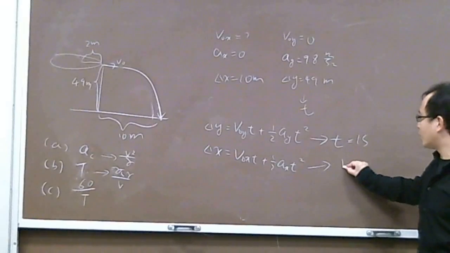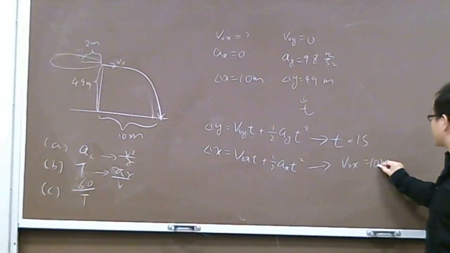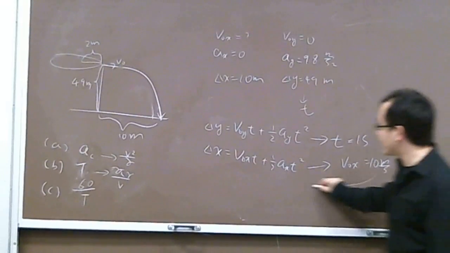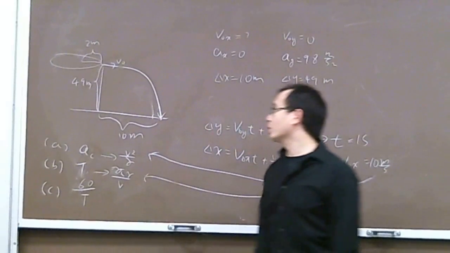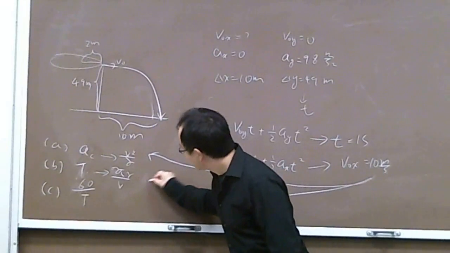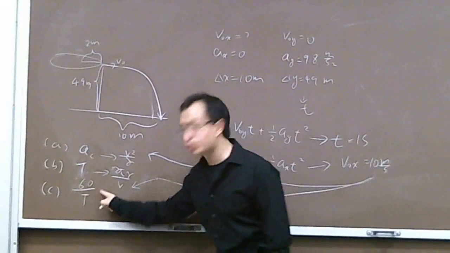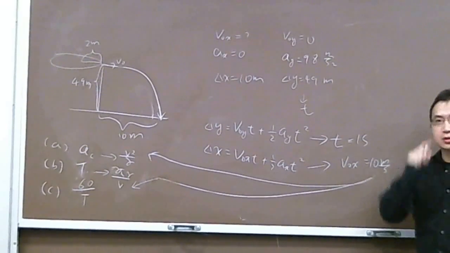It will give you the initial velocity, 10 meters per second. Now you put this 10 meters per second into here and here, and you will get the centripetal acceleration and the period. Once you have the period, you get how many revolutions per minute, right?